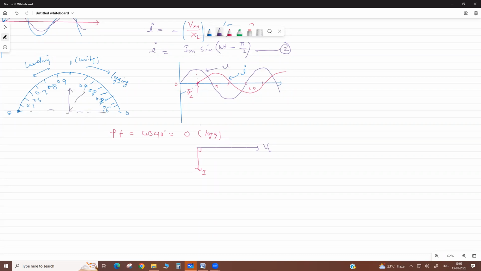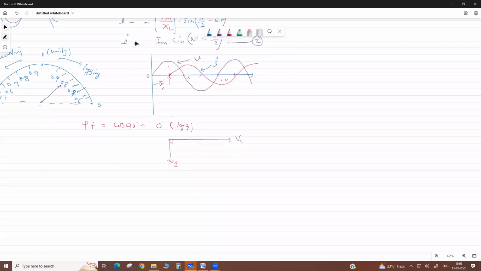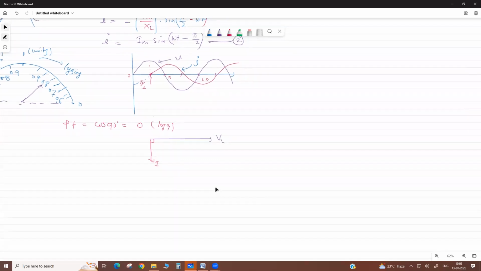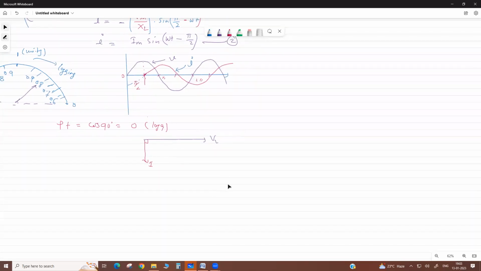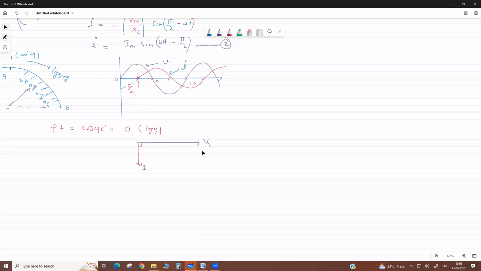Generally, it is 0.8 lagging in inductive loads in AC circuits, because it is impossible for your circuit to be a pure inductor or pure capacitor.